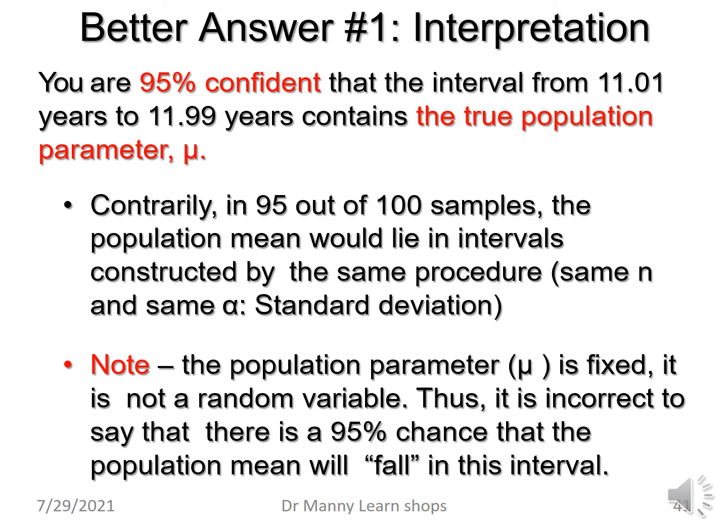In 95 out of 100 samples, the population mean would lie in intervals constructed by the same procedure, the same number and the same standard deviation. And you note the population parameter mean is fixed, it's not a random variable. Therefore, it is incorrect to say that there is a 95% chance that the population mean will fall in this interval.